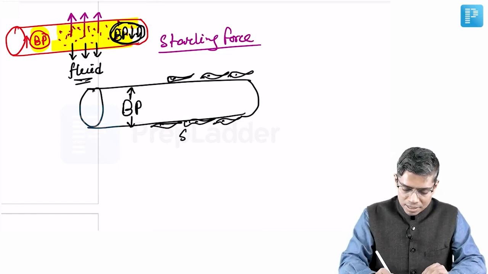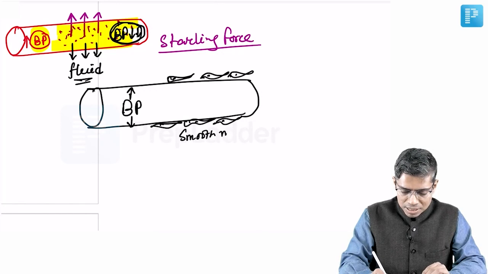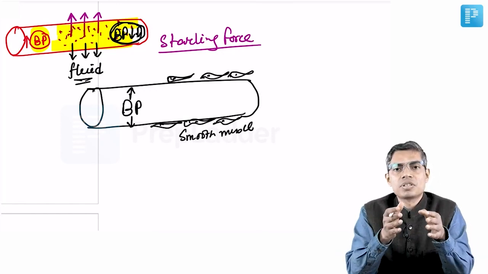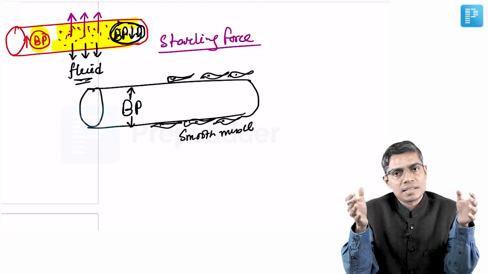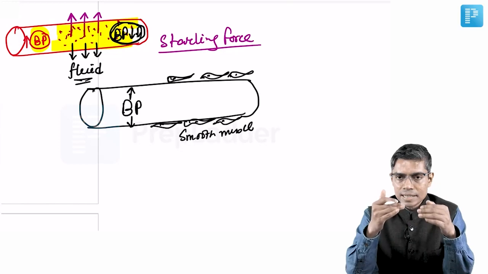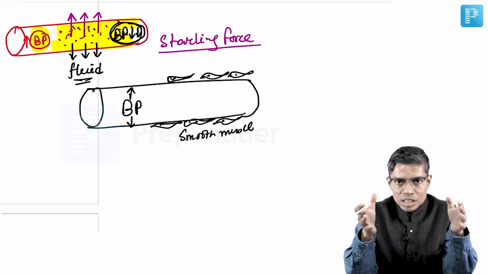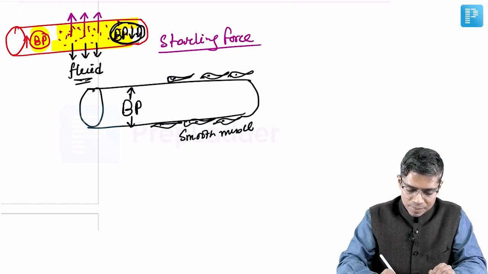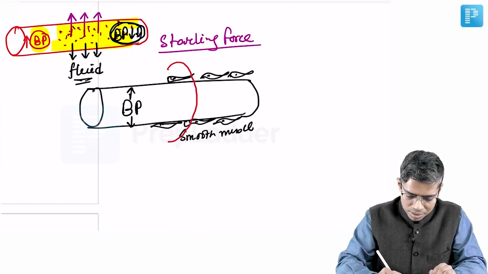Now this smooth muscle has a property: whenever you keep it under constant stress, it relaxes. So whenever you keep this vessel wall under huge tension or stress, after a certain point of time, after a few hours, this vessel wall will relax.